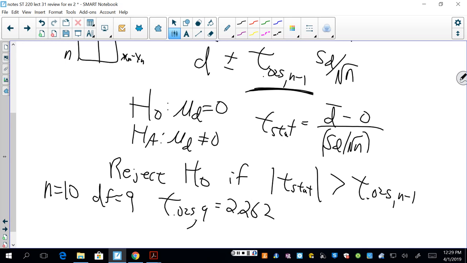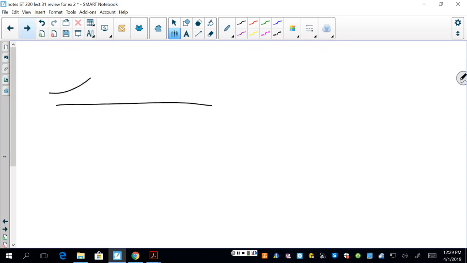So is that the p-value? Like when you look and find it in the chart? The p-value is going to be the probability you're beyond a certain value. It's a little hard to find the p-values exactly on the tables. So the picture of the p-value: here's 0, here's the distribution, that's t with n minus 1.